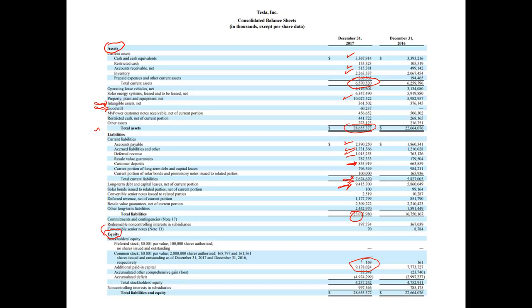In this balance sheet, Tesla chooses to call that accumulated deficit. So they have 5 billion of losses that have accumulated over time. Compare that with about 3 billion last year.